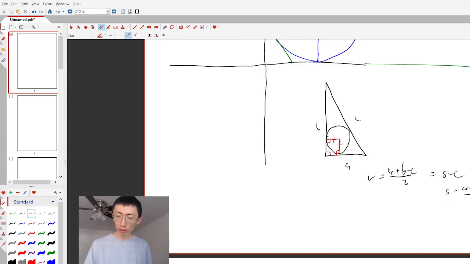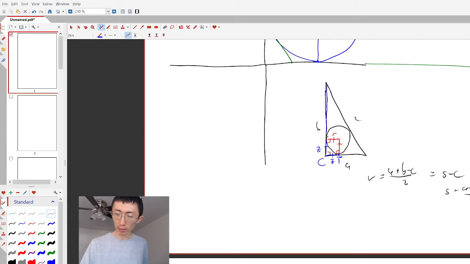And so finding the inradius of this triangle is equivalent to finding the length of the tangent from point C to the incircle. So by equal tangents, the two blue segments are equal. Let's label it Z. By equal tangents as well, these two are equal.